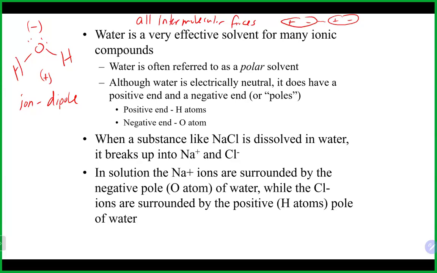So what happens when we dissolve something like sodium ion, which is positively charged, and chloride ion, which is negatively charged, in water? Water will surround the positive ion, actually using its oxygen side to do so, because the oxygen side is more negative, and it would be attracted to the positive ion that's floating around in that solution.